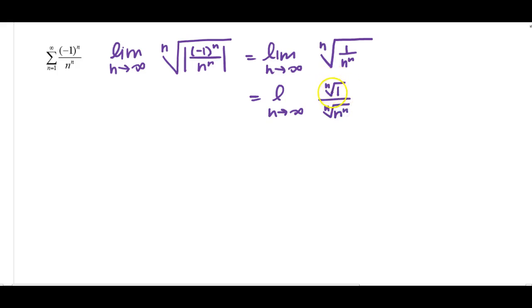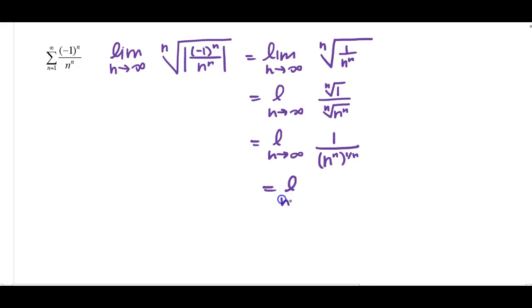Now the nth root of 1 is always just 1, so my numerator there is 1. And then here, this is n to the n, the inside. When I have an nth root of something, that becomes 1 over n. So notice what happens to the n times the 1 over n. In this case, it goes away entirely. N times 1 over n just gives me 1.